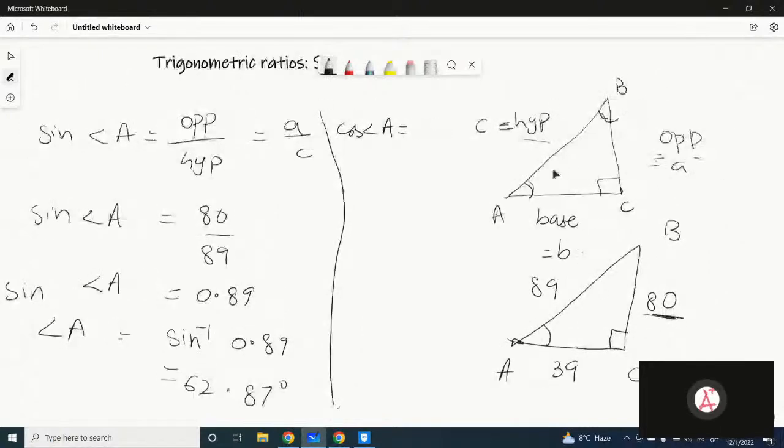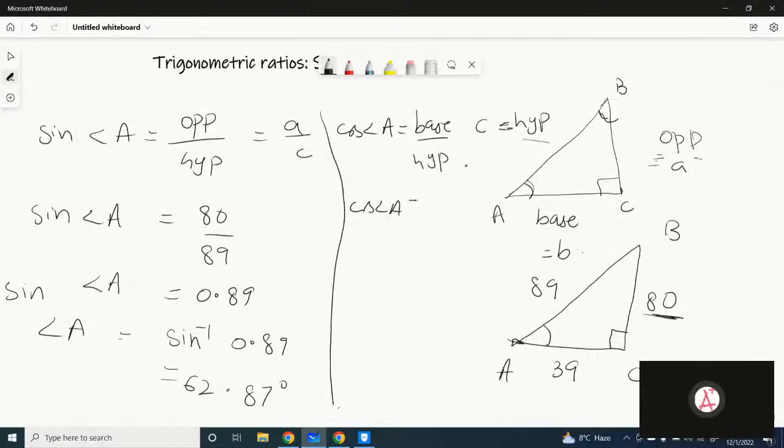So the cosine of angle A, look at this triangle, is the base divided by the hypotenuse. The base is 39 and the hypotenuse is 89.